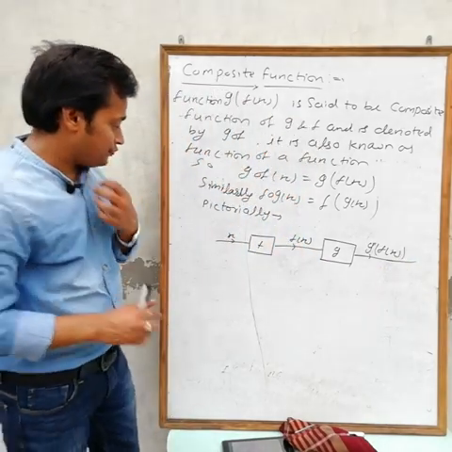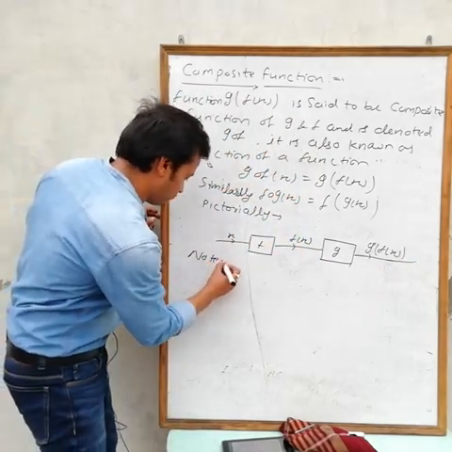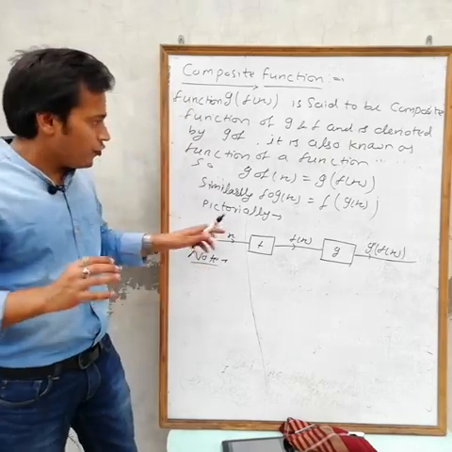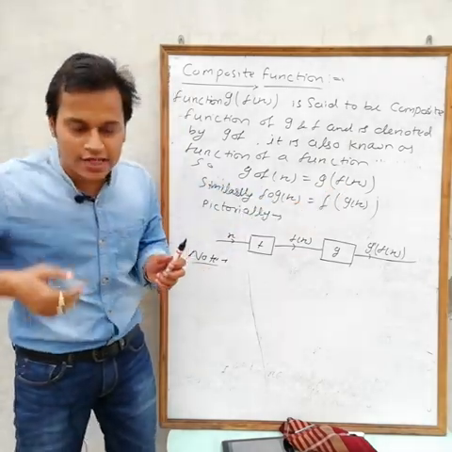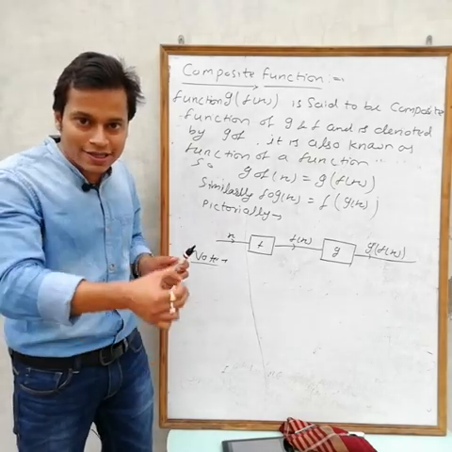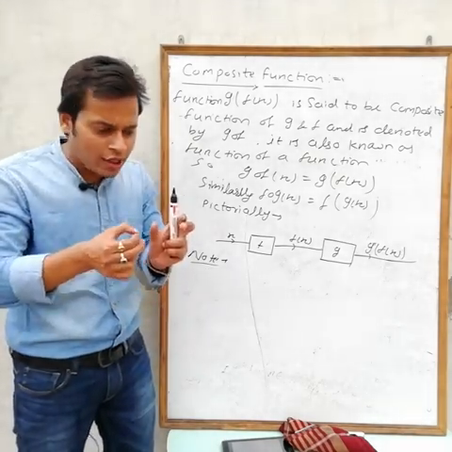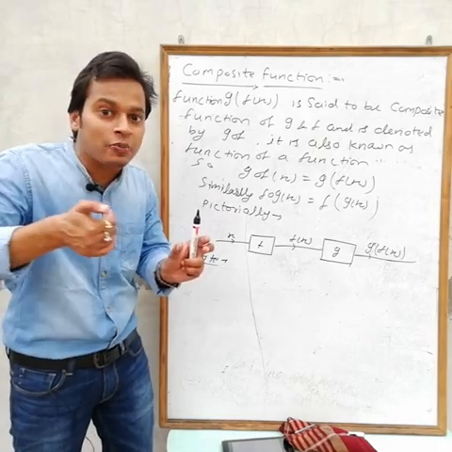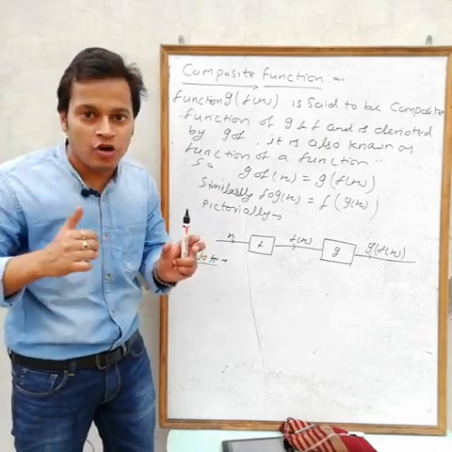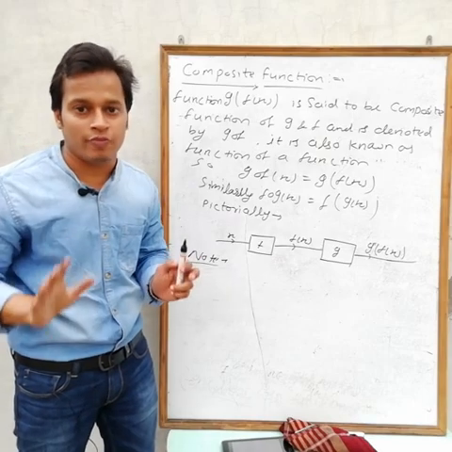Okay, now see, I want to write some points. Can I say that in this composite function g of f(x), first x is received by f, then f can't accept any value that does not belong to the domain of f.